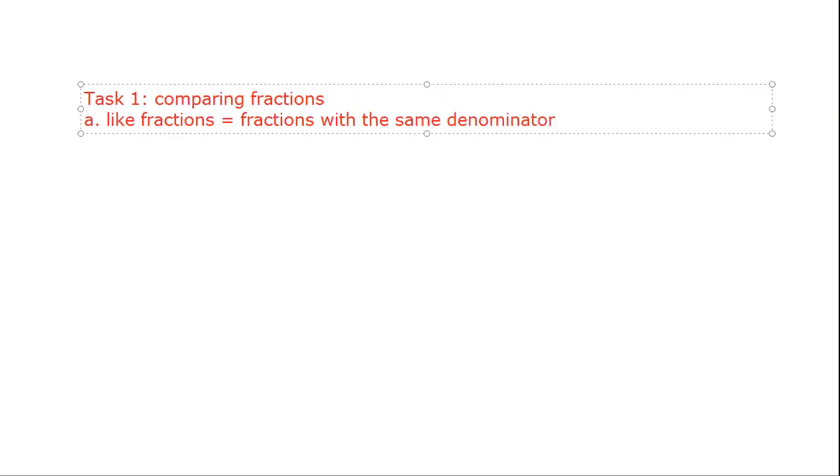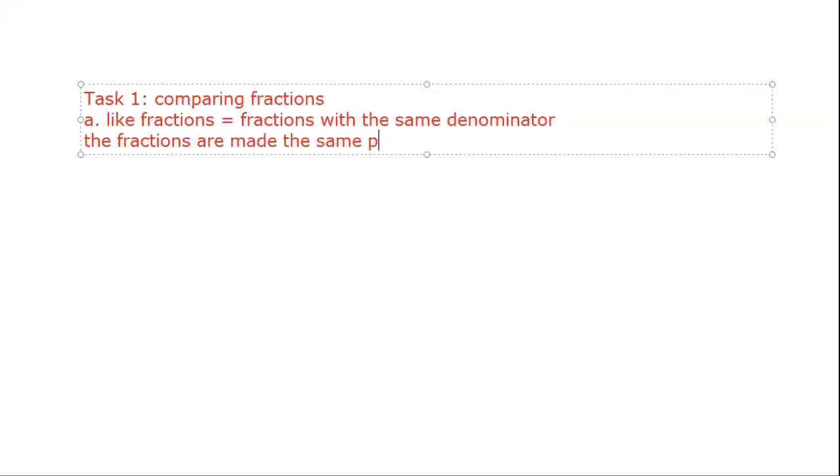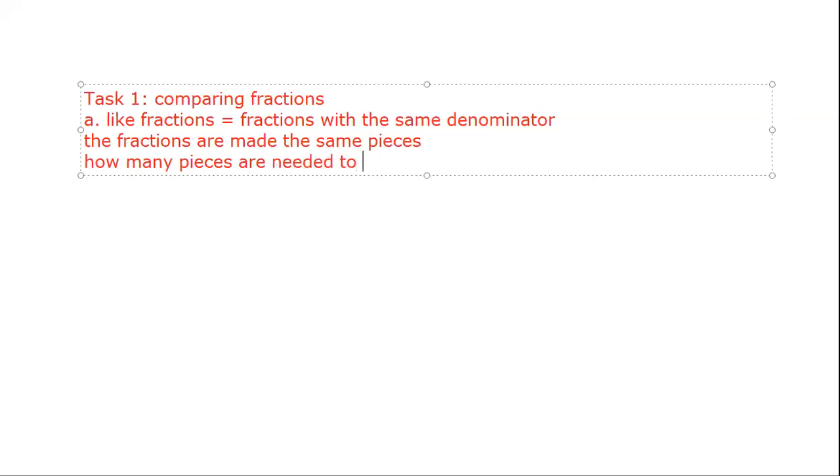Now in this case, if the fractions have the same denominator, then the fractions are made by the same pieces, right? So the difference is basically how many pieces are needed to make each fraction.